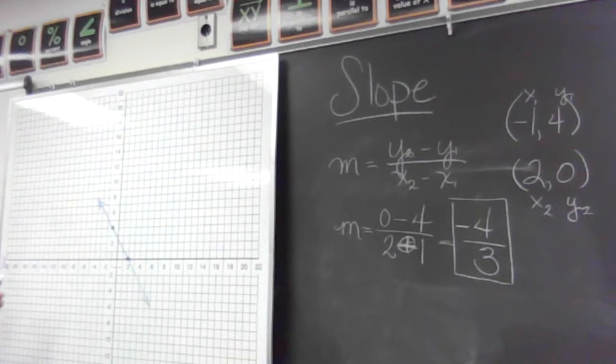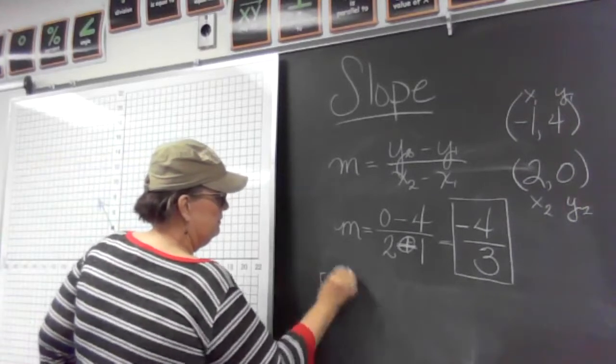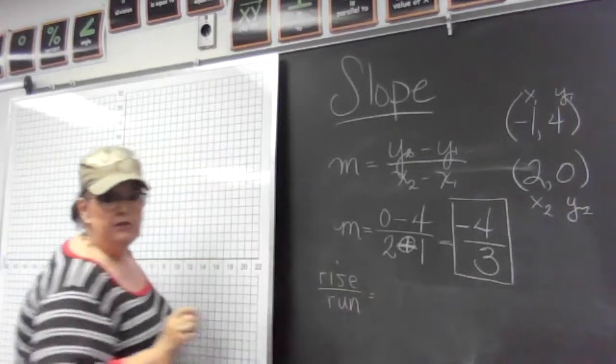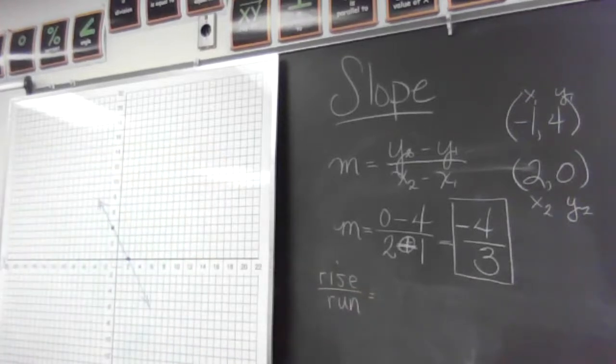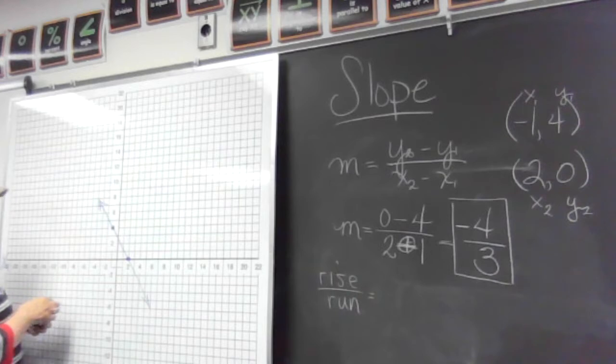So let's just count and see if we get the same thing. Remember that slope is rise over run. So let's find a house. One of the houses, let's just try this one. And so I'm going to go to my friend's house.